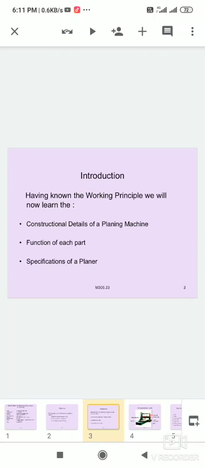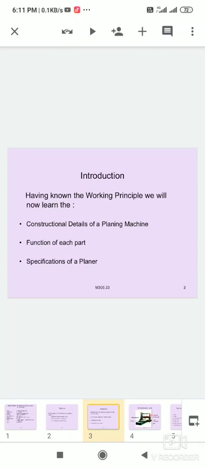It is used for producing flat surfaces. It is designed with a stationary housing for holding the tool heads and a reciprocating table for holding the workpiece.